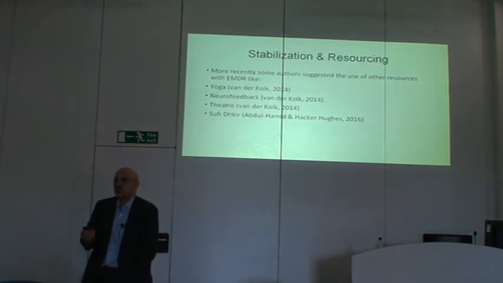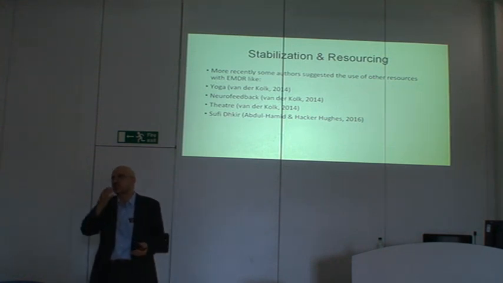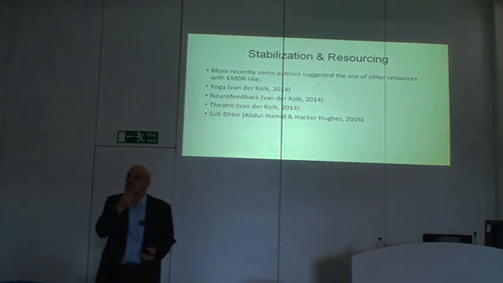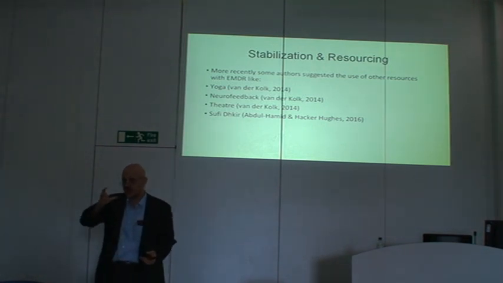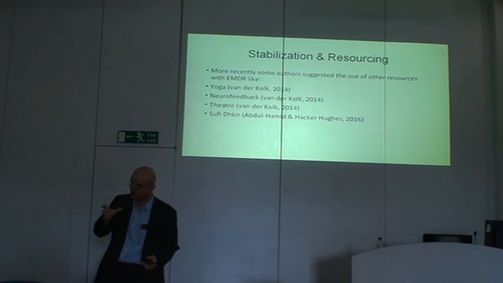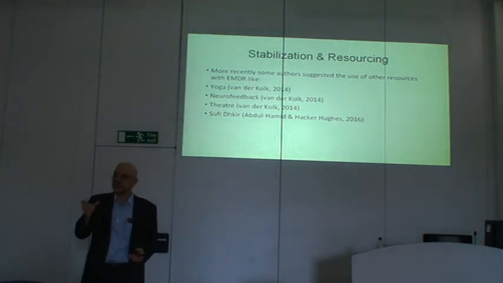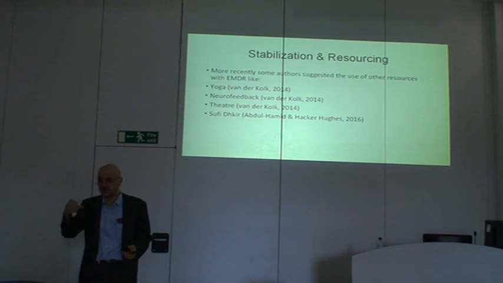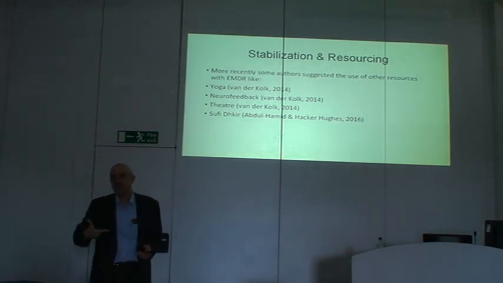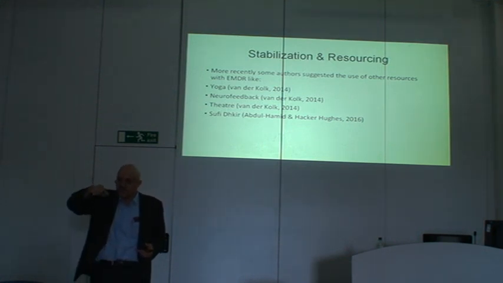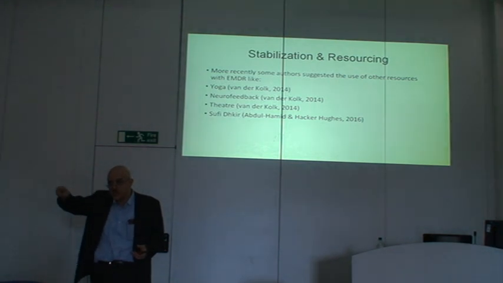More recently, I just want to touch on this, particularly Van der Kolk. He suggested that, particularly in complex PTSD, EMDR is very effective, but not enough on its own. We need to use other resources, and he suggested, and is using in trials successfully, things like yoga, neurofeedback, which is different from biofeedback, which we all know. Neurofeedback is a more sophisticated technique of people changing their own brainwaves on EEG.